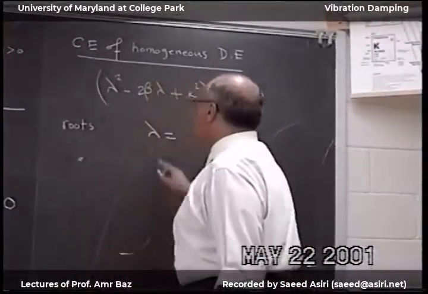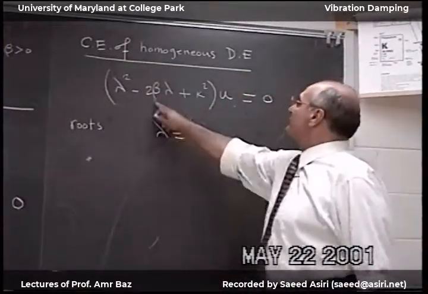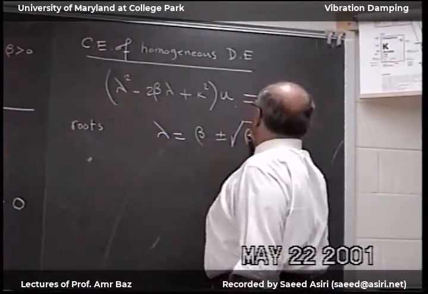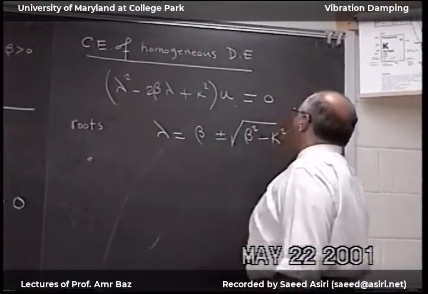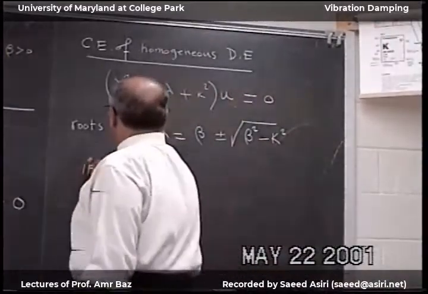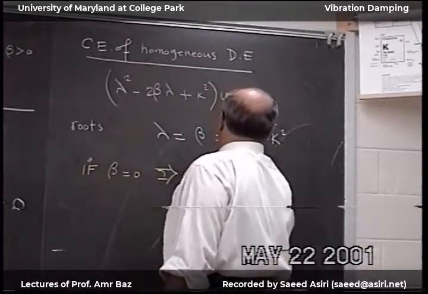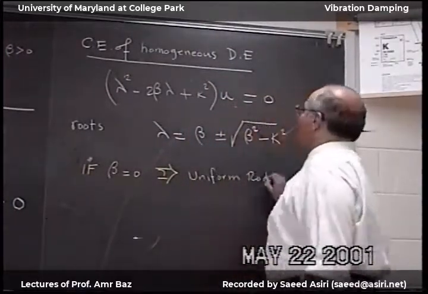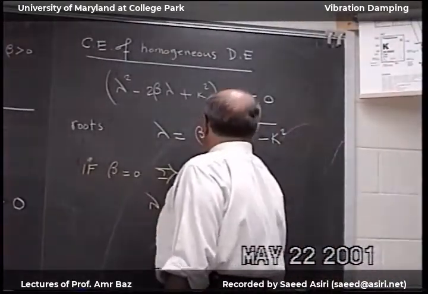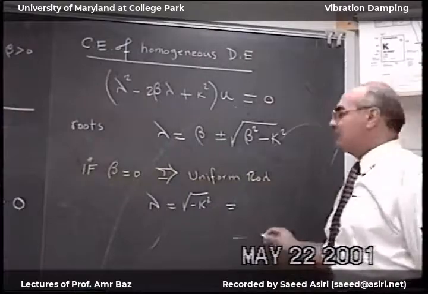Lambda will equal minus 2b over 2a, which will be minus beta plus and minus the square root of beta squared minus k squared. Okay, now if beta is equal to 0, again this is a uniform rod. The characteristic equation has roots, square root of minus k squared, or roots plus and minus kj.